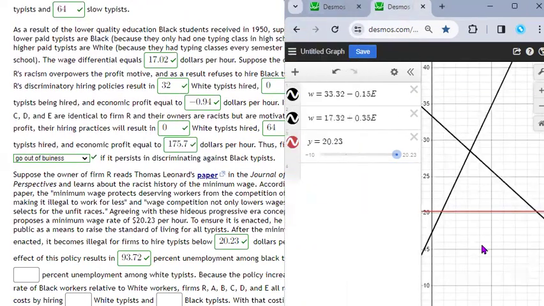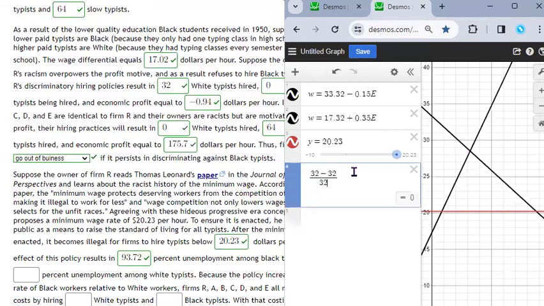Now, in the white labor market, the wage is up here. The number of white people who are employed is 32. The number of white typists who want a job is 32. So the unemployment level in this labor market is 0.